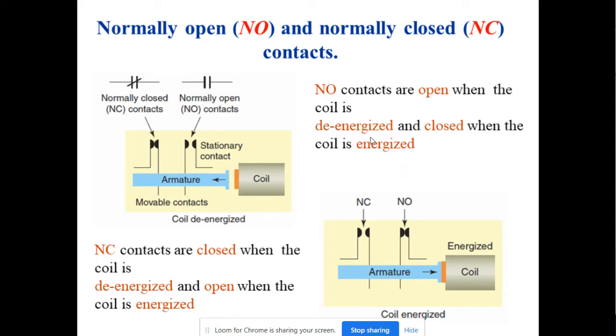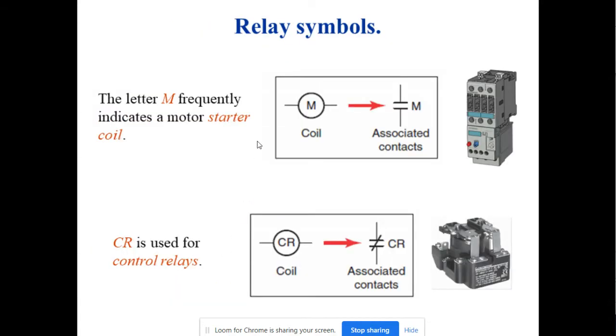What it means by normally open is that it's open when the coil is de-energized. When you don't do anything, the contact is open, and it only closes when you energize, like if you press the start button and so on. So these are the symbols that we can use.